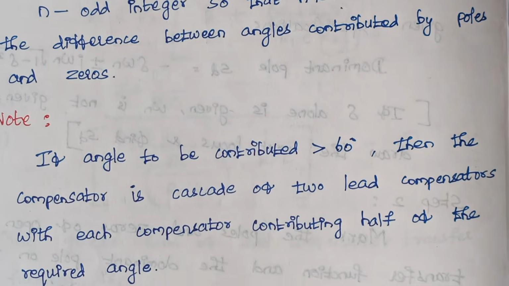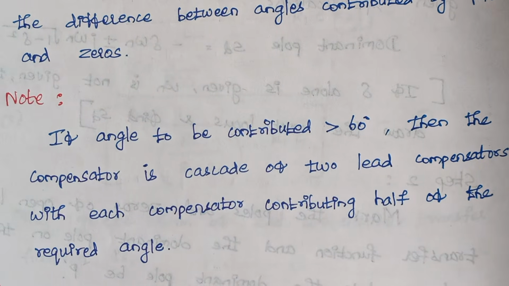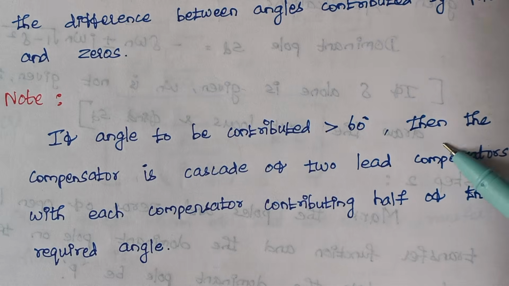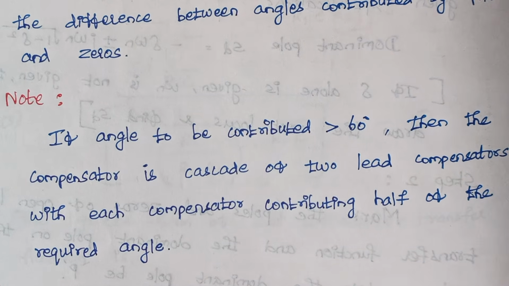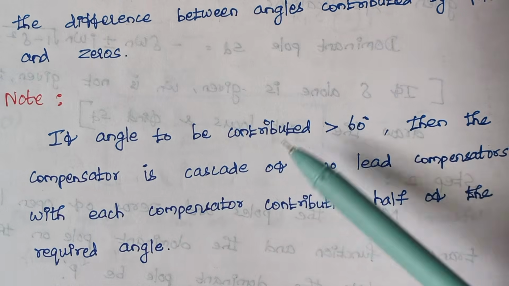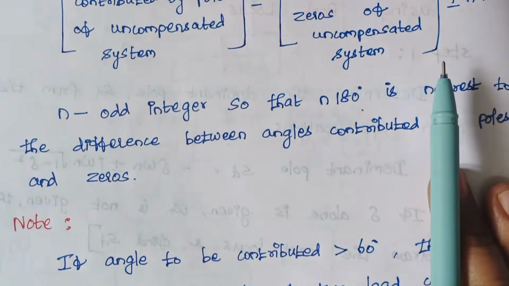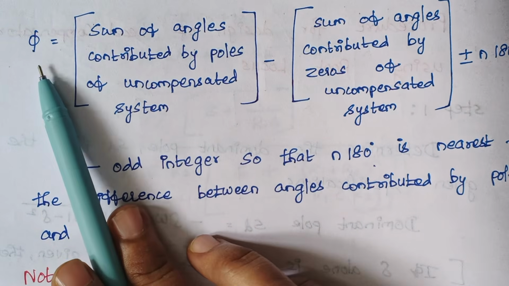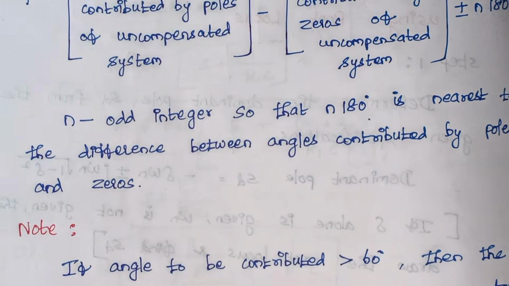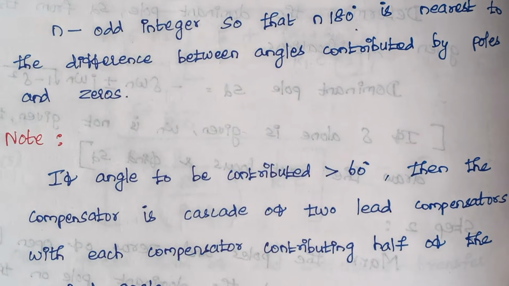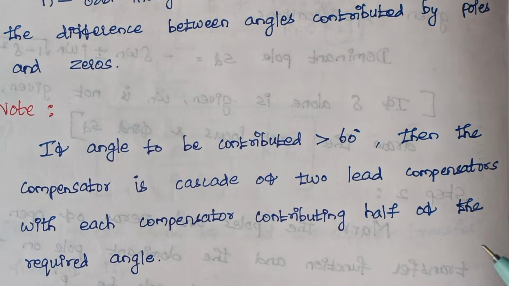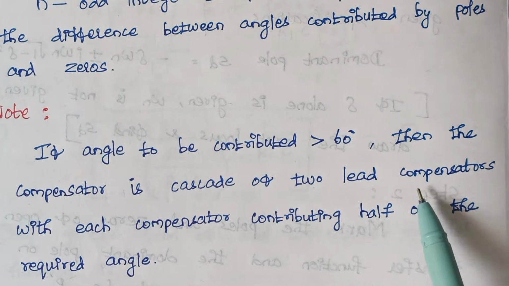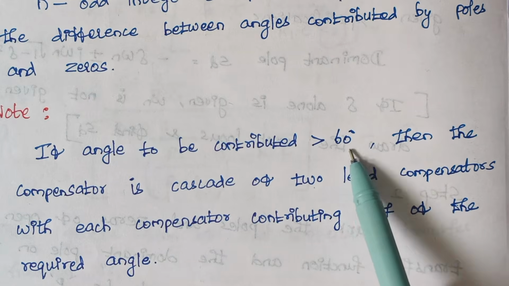The next thing is, if the angle contributed is greater than 60 degrees, then the compensator is a cascade of two lead compensators. That is, if the angle phi that we measured is greater than 60, then instead of using a single compensator, we use two compensators, and the angle will be divided by 2.